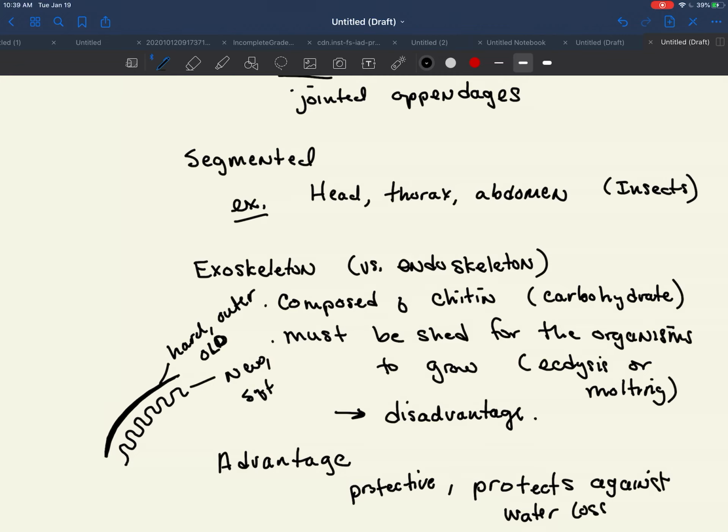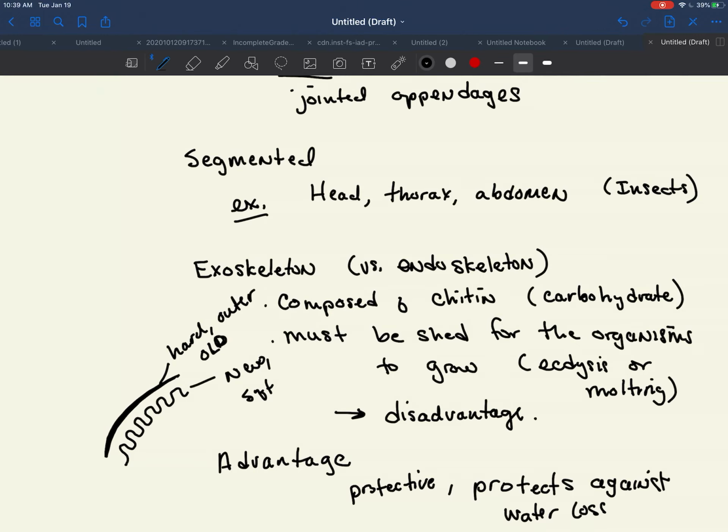The first animals to colonize the terrestrial environment were arthropods. They were able to come up and colonize this environment when we look in the fossil record. A problem with being a terrestrial organism is that you are always subject to water loss, and the exoskeleton helps to prevent that.